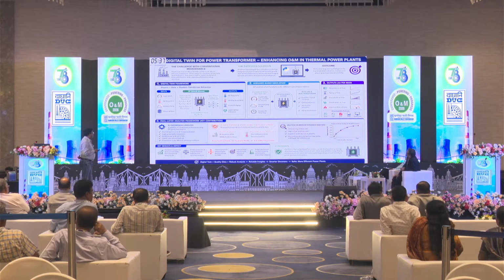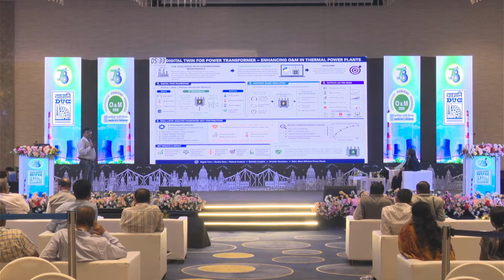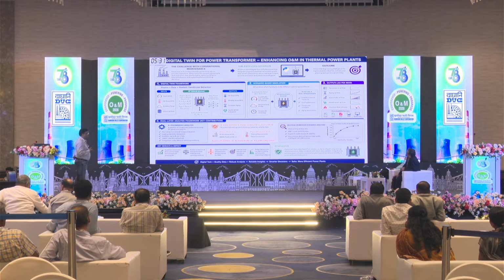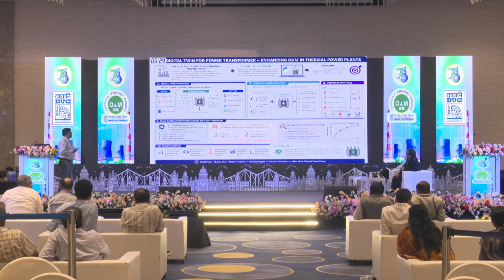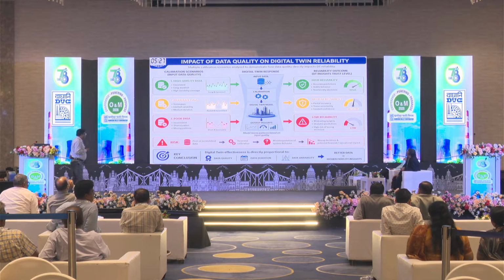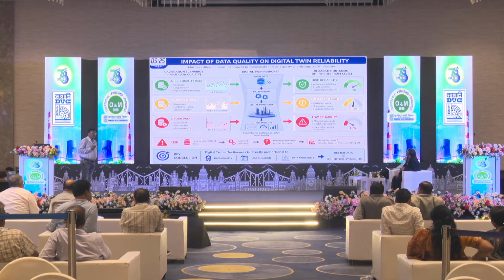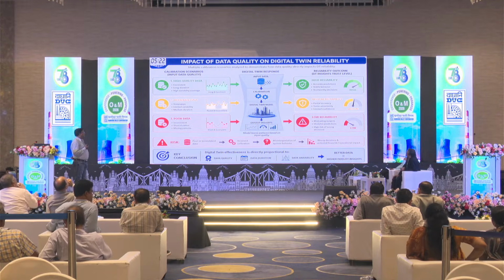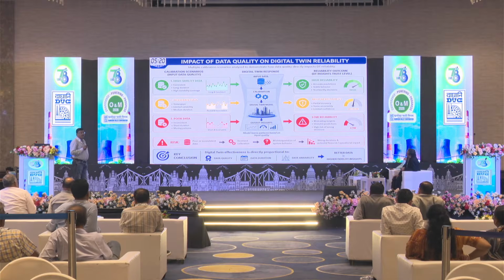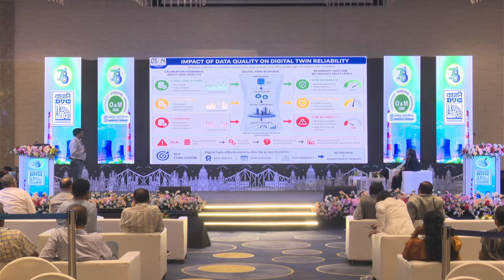But suppose you have trained your AI/ML, then how can you ensure that K1, K2 or all the unknowns have been accurately predicted? To accurately predict the K1, K2, etc., you need very clean data. Clean data means consistent and sufficient data, because the digital twin reliability will depend on the data quality.